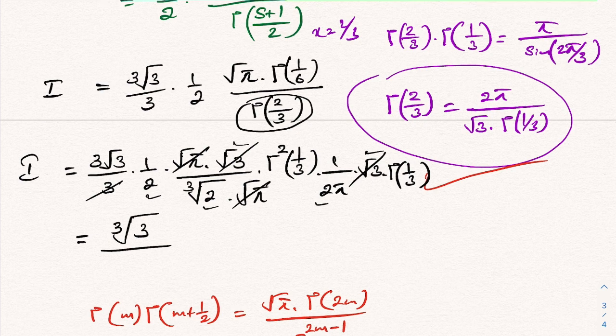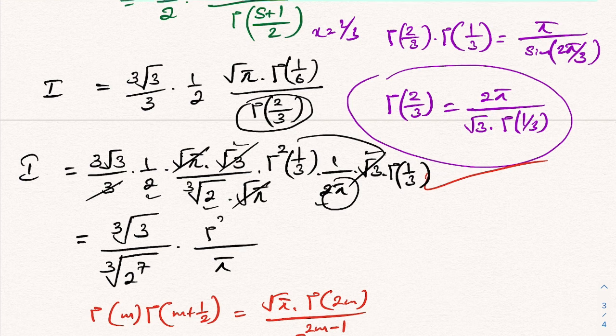So we have 2 raised to the 7th power cube root. Then here we have pi. In the numerator we have gamma raised to the 3 power of 1 over 3. Okay, this is the answer for this integral.